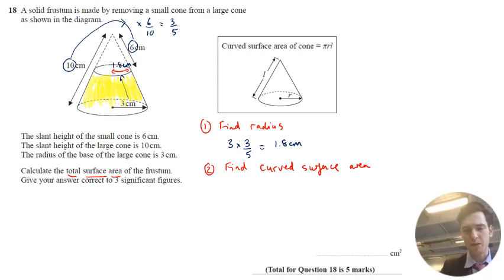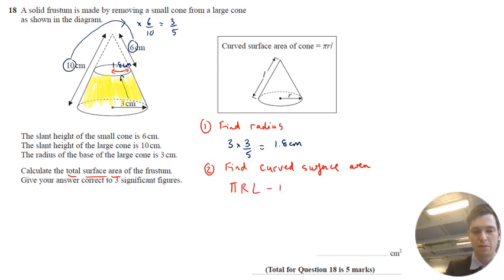So to do that, what you need to imagine is finding the area of the whole cone, the big cone, and then taking away the smaller cone. So the surface area is pi big R times big L minus pi r little l. Let's substitute that in.